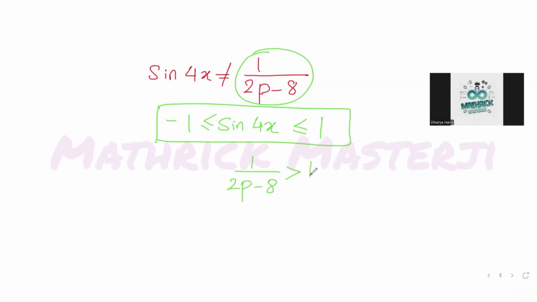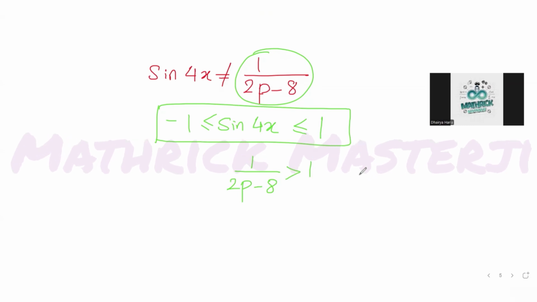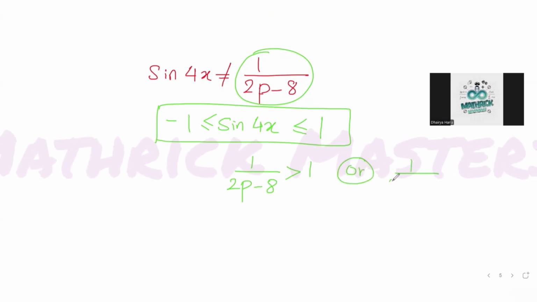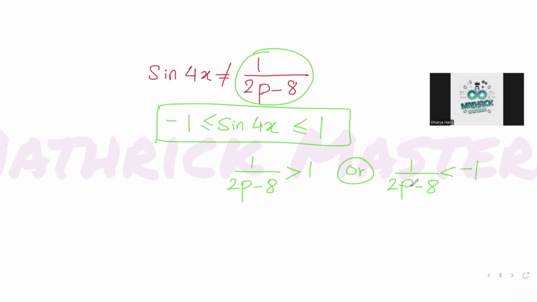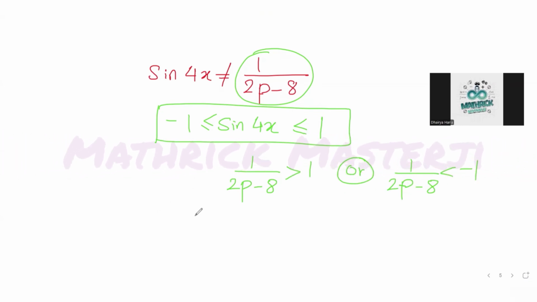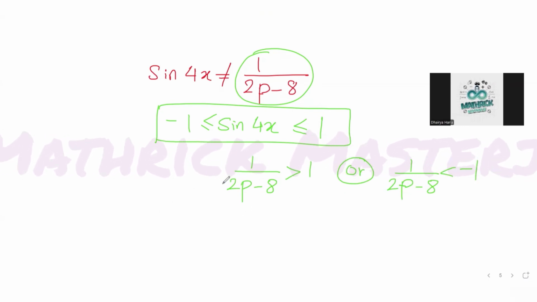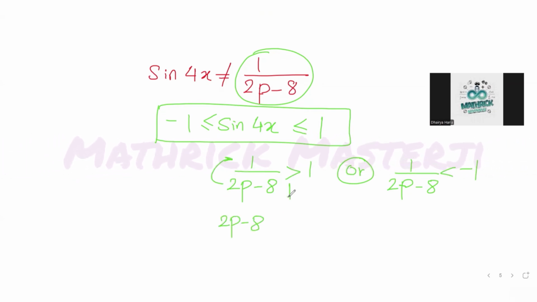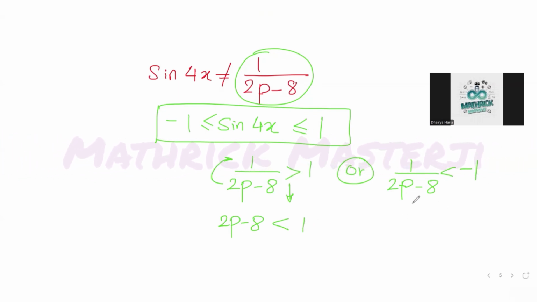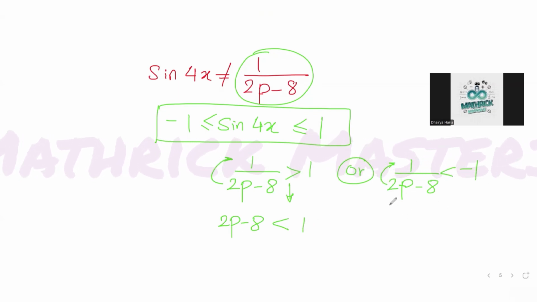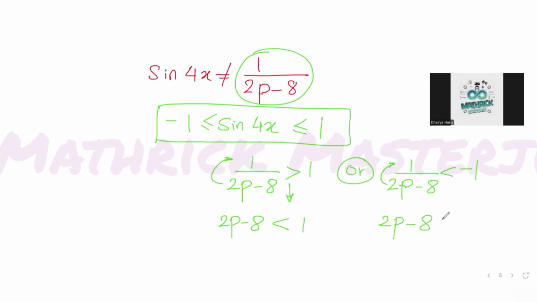So it can be greater than 1 here, or this function can become anything less than minus 1. So if I take the reciprocal of this, if I bring it up here, this sign gets reversed.